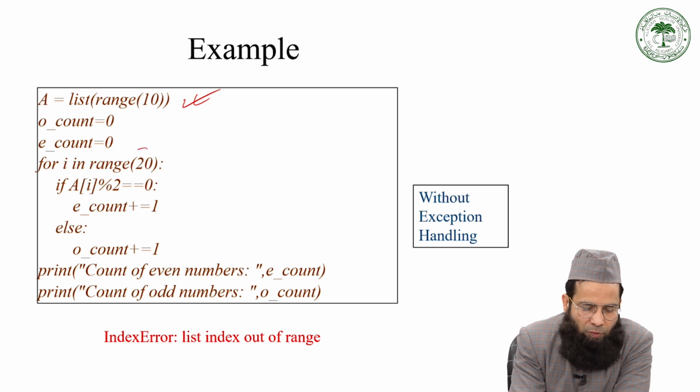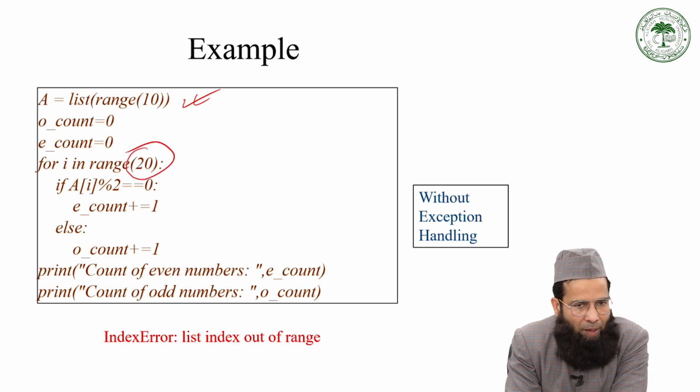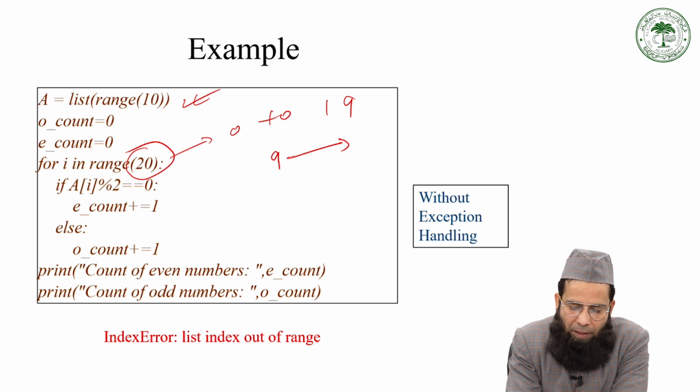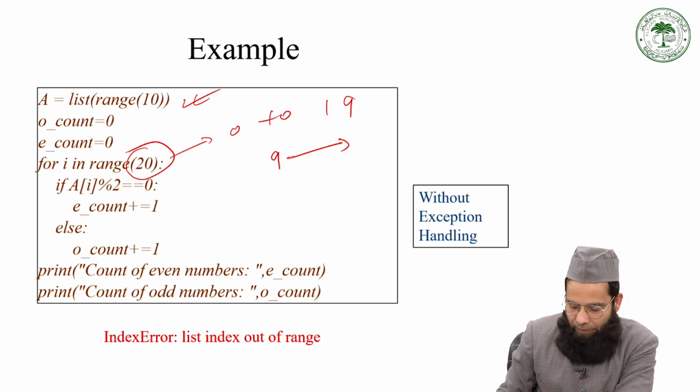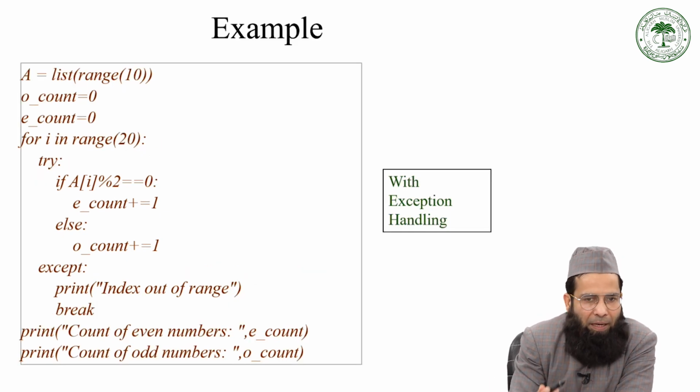But you can observe here the range is 20, so the value would range from 0 to 19, right? And beyond that, it would give me an error, that is index error, which is actually an exception. So after the ninth index, the program would be abruptly terminated, and your program would generate index error as an exception. Now this can be handled.